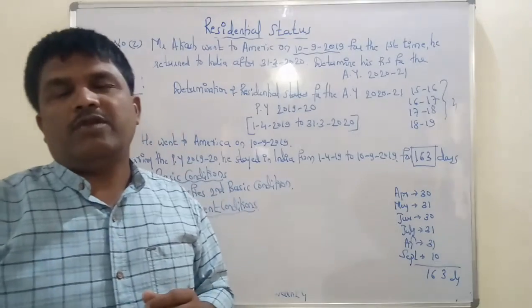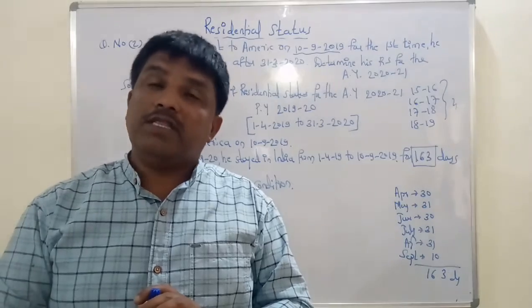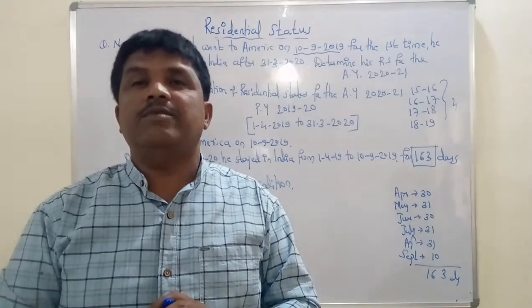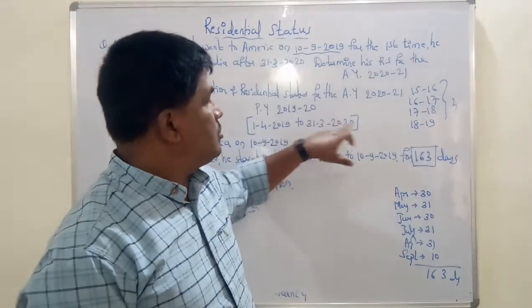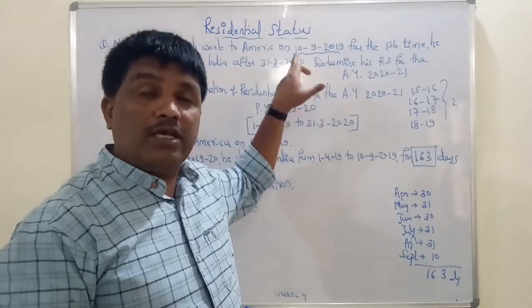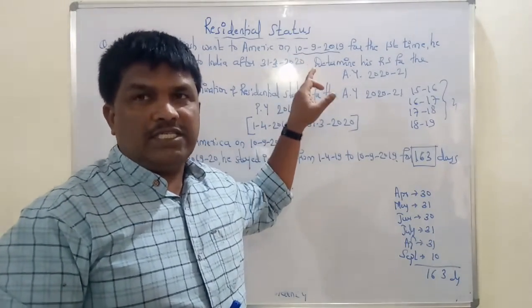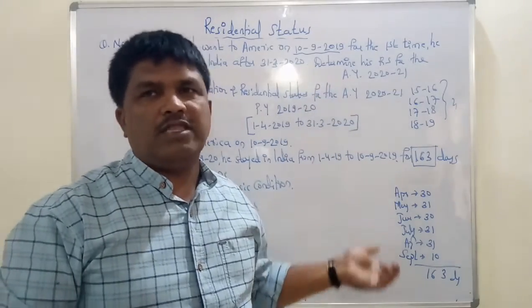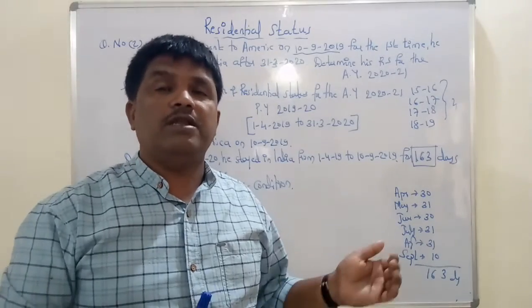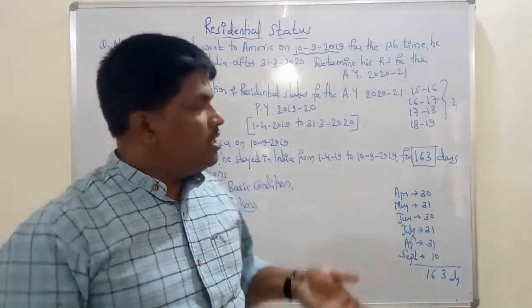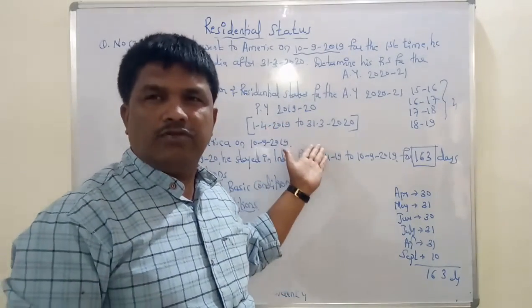Then the second subsequent condition: he must be in India for 730 days during 7 previous years immediately preceding the previous year. Before the previous year 2019-2020, out of those 7 previous years, in aggregate he must be in India for 730 days. He was in India for more than 730 days during those 7 previous years because he left India for the first time during the previous year 2019-2020.